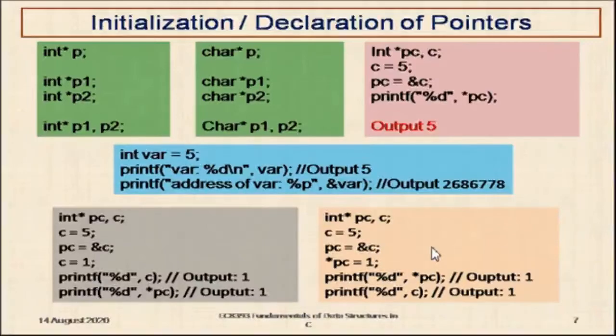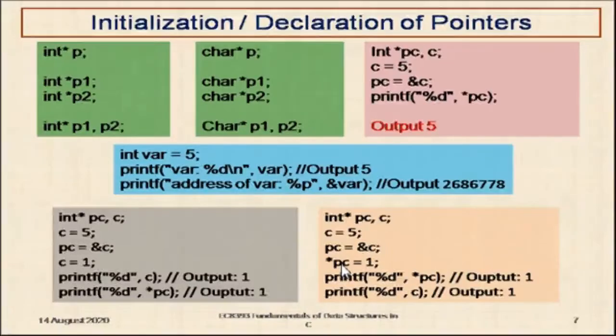Another example, the same thing is written in a different way. There is only one change in the fourth line. Instead of c = 1, I am using *pc = 1. So here I am directly using the variable to assign different data, but there I am not using the variable, rather I am using the address of that variable. So I am directly accessing the address. That is the power of a pointer.